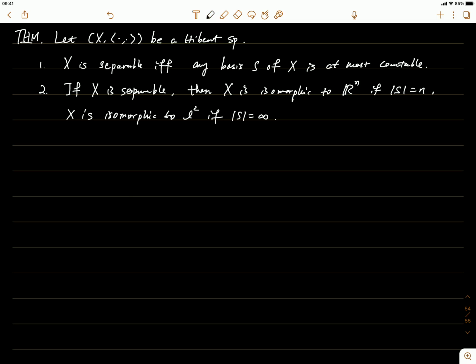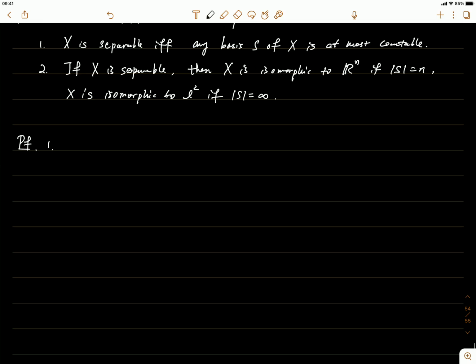Okay, let's show the first one. I want to show that X is separable if and only if any basis S is at most countable. Let's show this direction first.